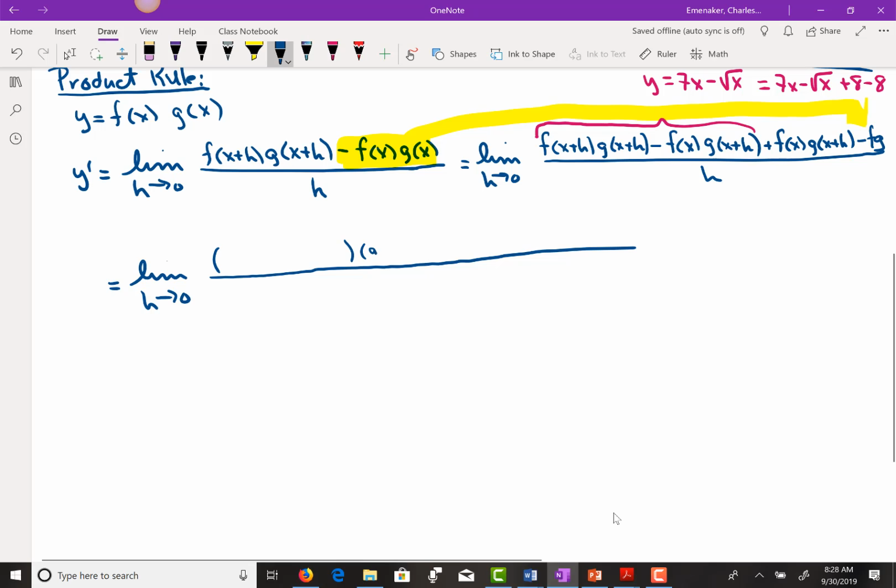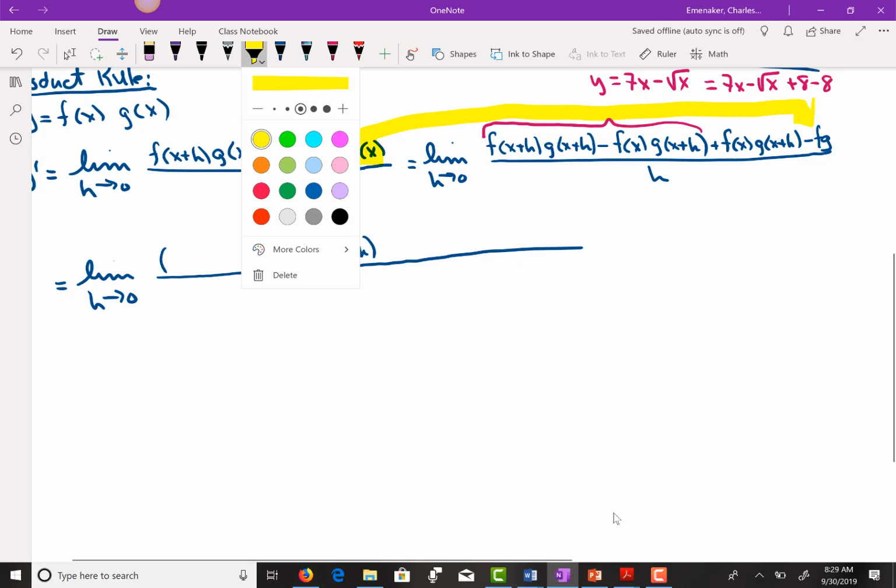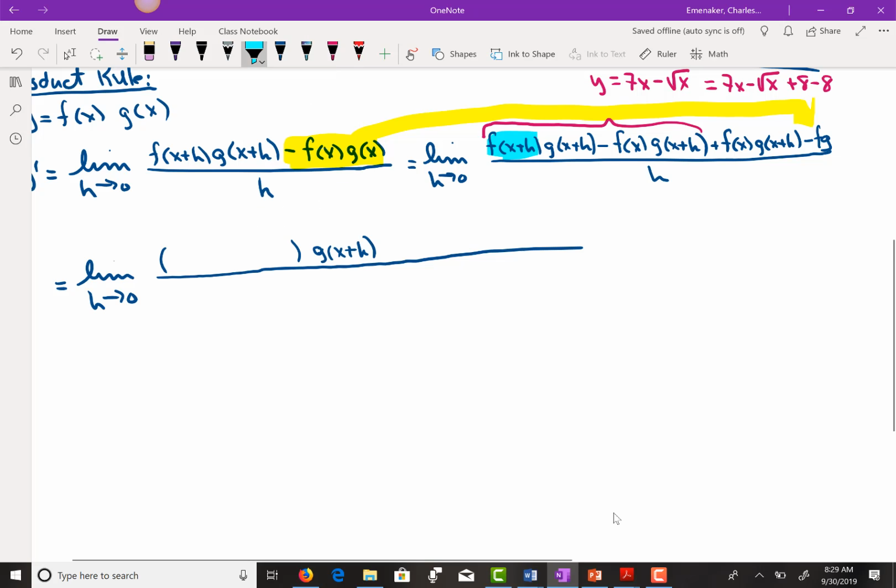If I factor out this g of x plus h from the first two terms, what I'm going to have left in this one is still that f of x plus h.